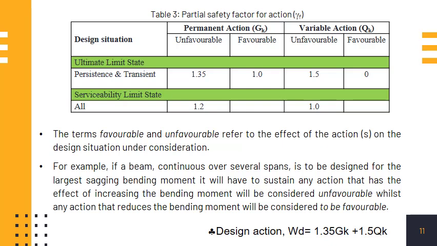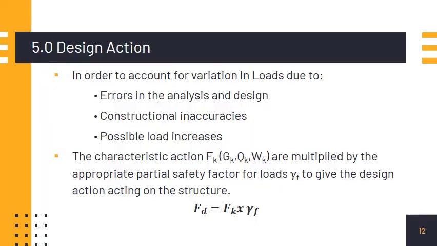Normally we design, our design action is 1.35 Gk plus 1.5 Qk. Design action with include safety factor is very important. Normally, we multiply characteristic action like Gk, Qk, and Wk with safety factor we discussed in previous slide.